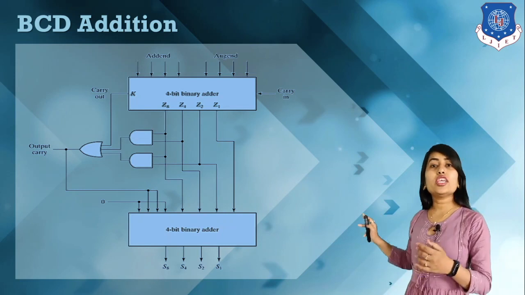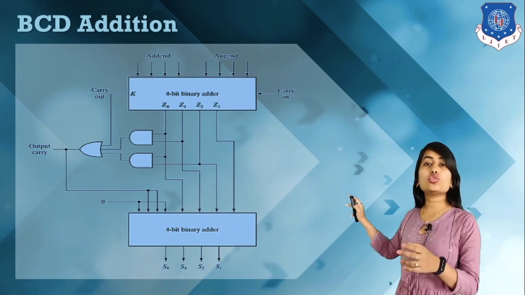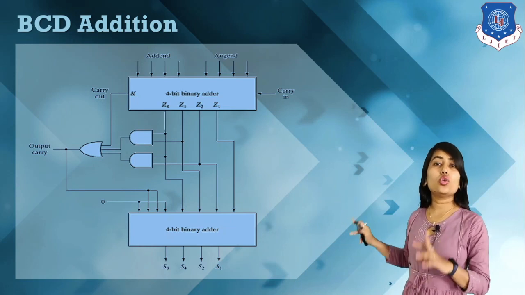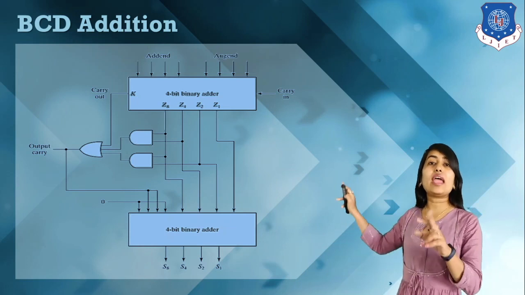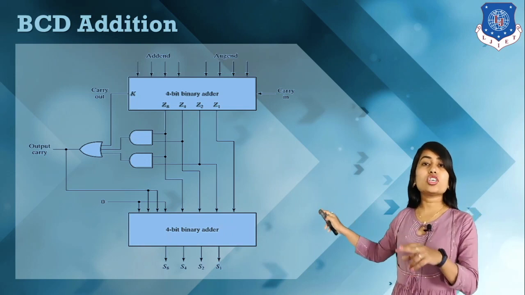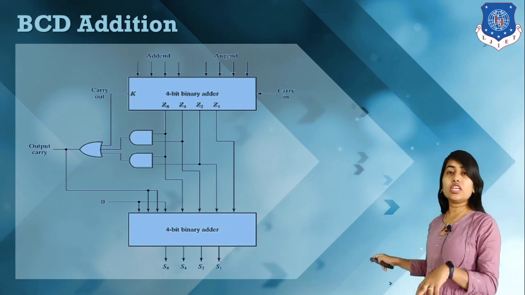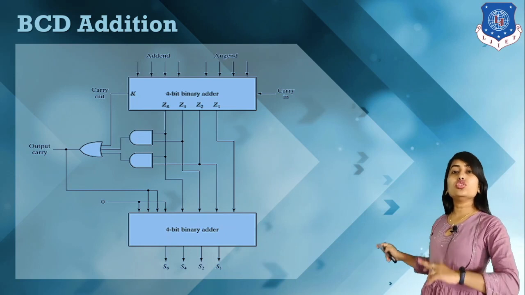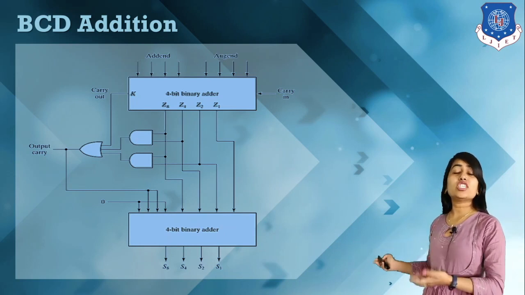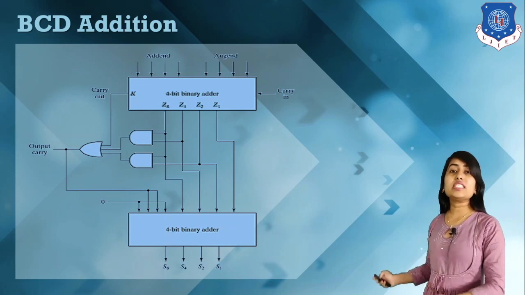But if we have a correct BCD code, then all of the AND gates result in 0. At the OR logic we have a 0, so here we connect 0000, so 0 is added to our sum, which is our correct BCD sum.